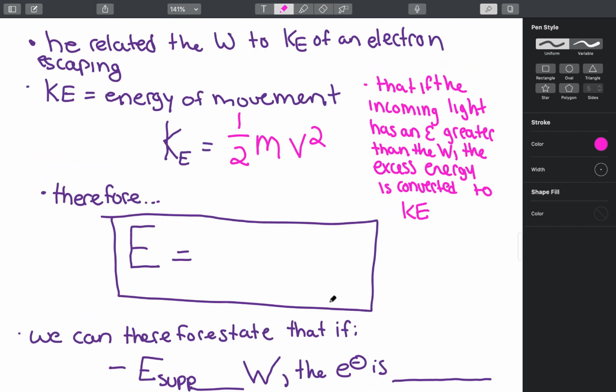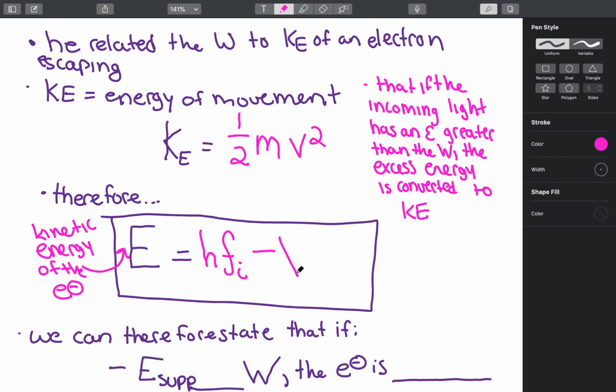So therefore, he came up with this equation where E is equal to the kinetic energy of the electron, where E is equal to h f of the incoming light, minus the work function.